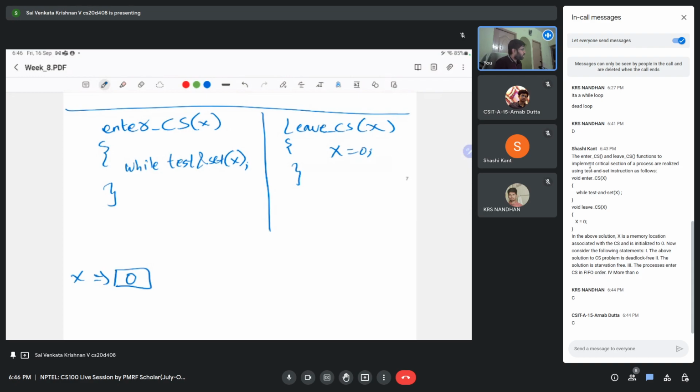Now consider the following statements. One, the above solution is deadlock free. The second statement, the solution is starvation free. Third, the processes enter the critical section in FIFO order.